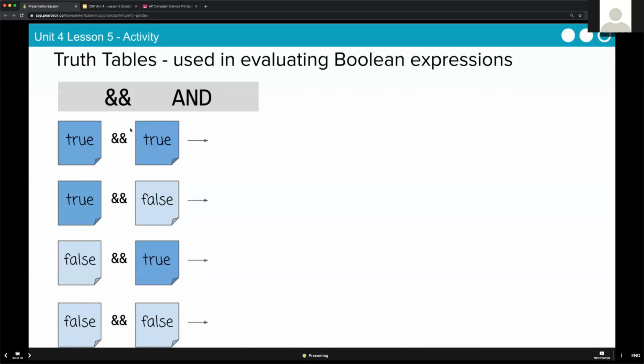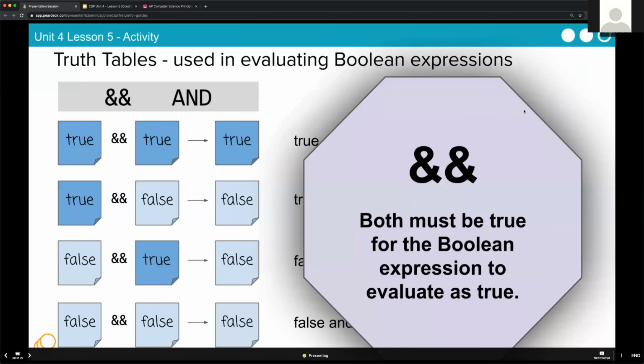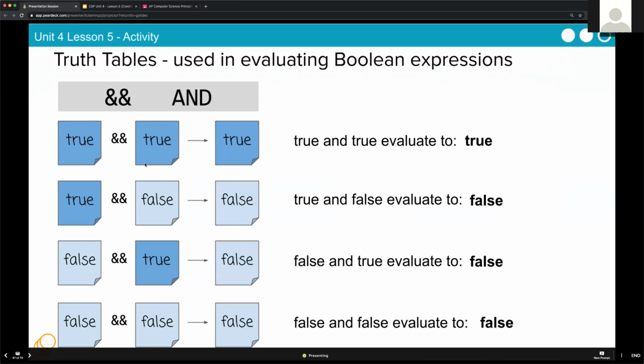When we're using the AND, we can put a Boolean value to the left and to the right of it. So here is all the possible combinations using AND: true and true, true and false, false and true, and false and false. Let's take a look at what these each evaluate to.